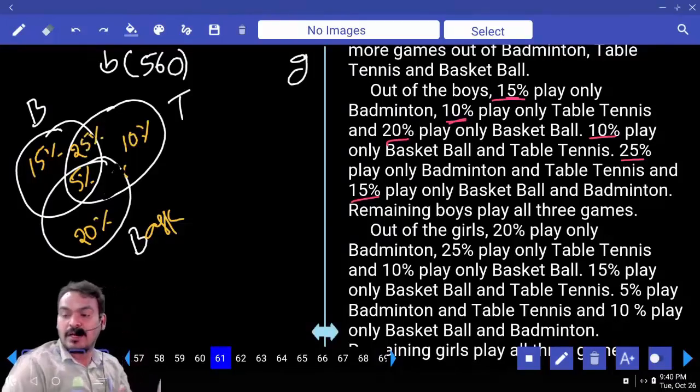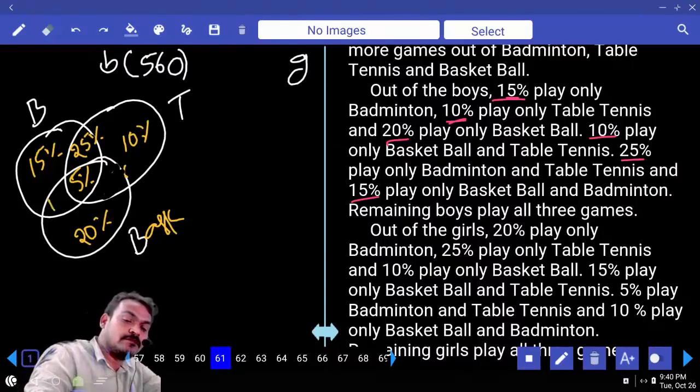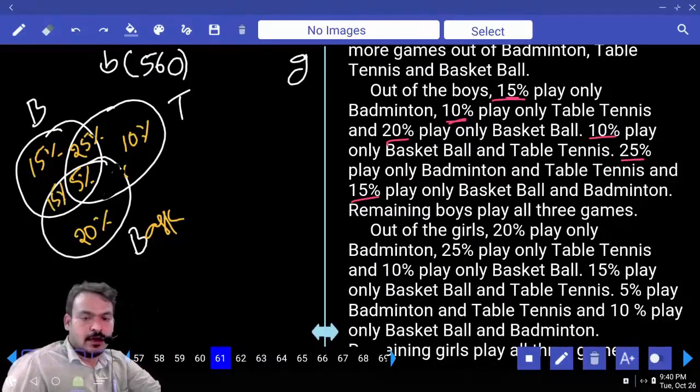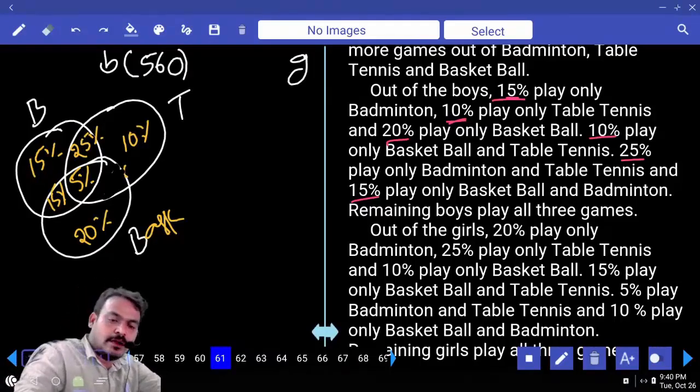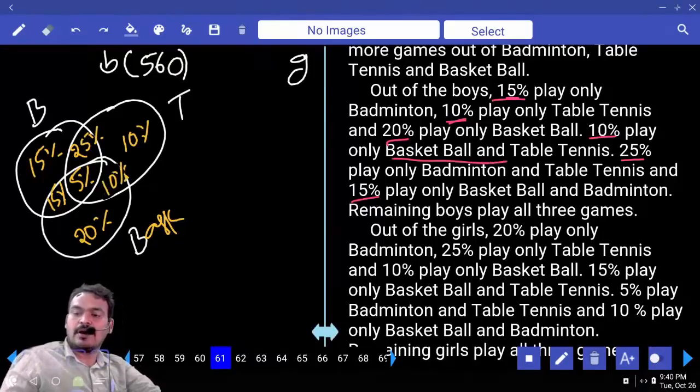Next, 15% play only basketball and badminton. Basketball and badminton, how much percent? 15% or not? Next, last one, basketball and table tennis is how much percent? 10%. Okay, it is the first one.